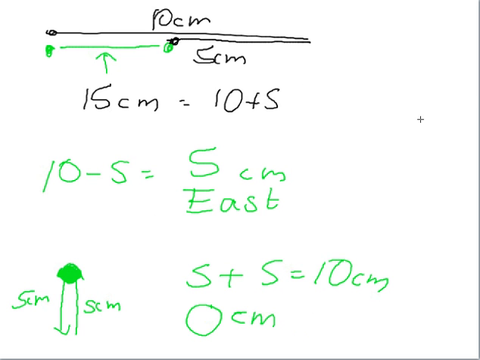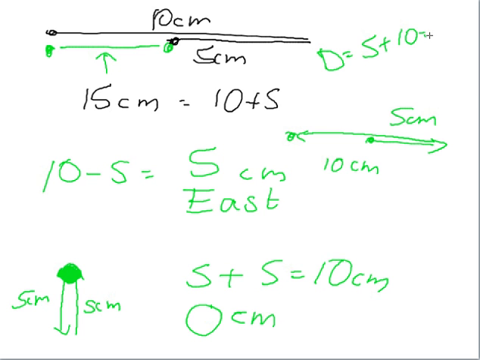And if you want even another example, what about if somebody goes 5 centimeters to the right, and then goes 10 centimeters to the left. What is the distance and the displacement? The distance is the total amount of walking, remember? So it's 5 plus 10, that's 15, easy, right?